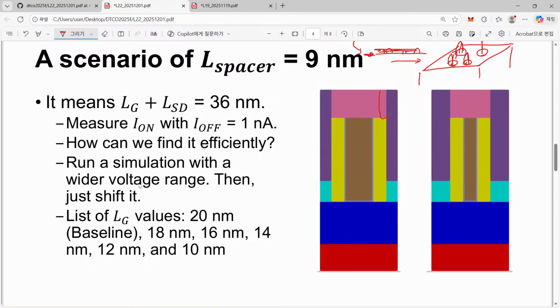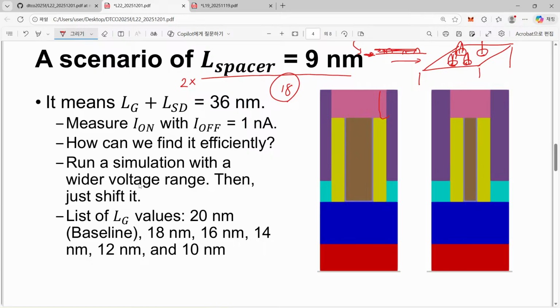In this example, we just set the spacer length as 9 nanometers. It is fixed. It means that since two times the spacer is required, 18 is already consumed by our spacers.